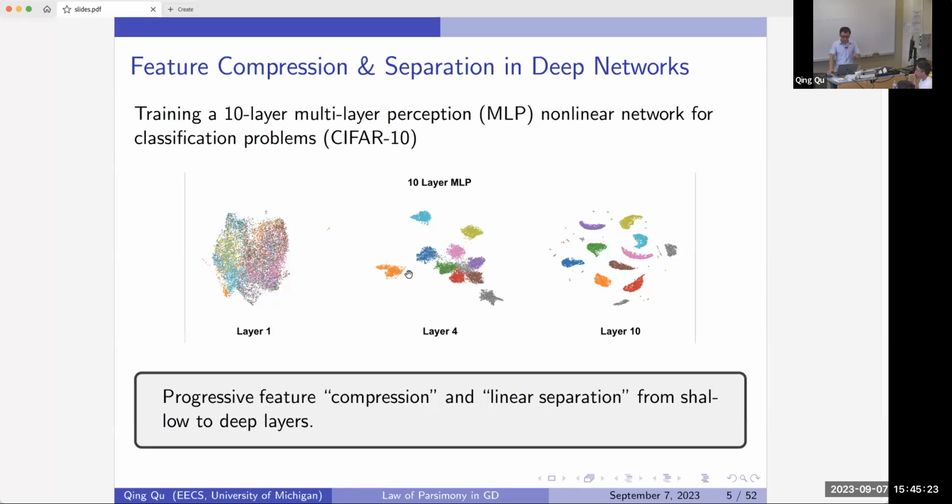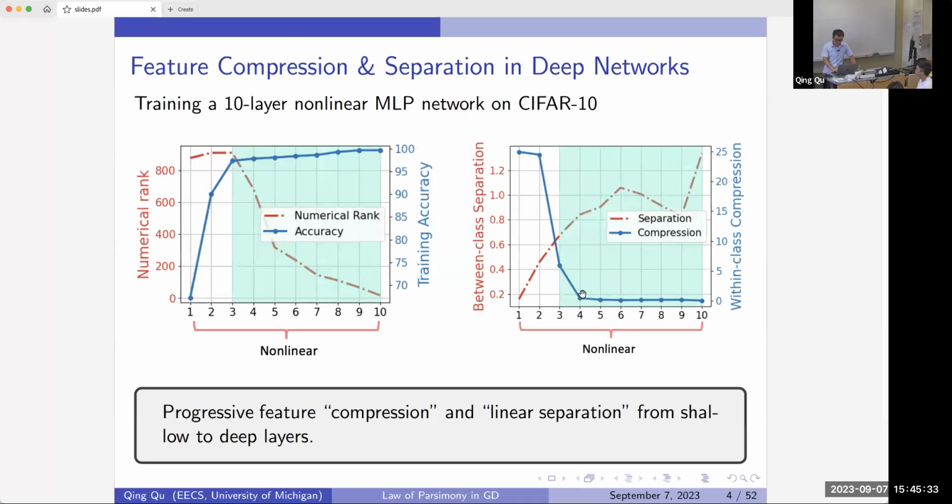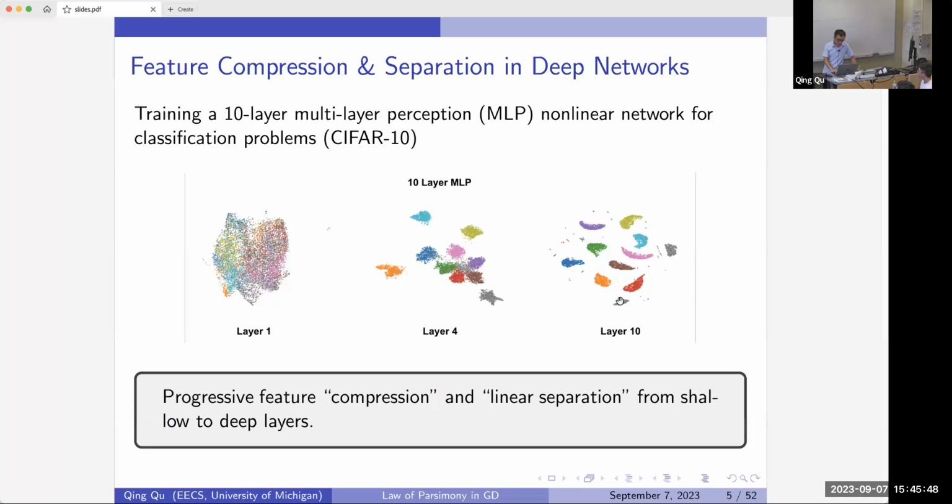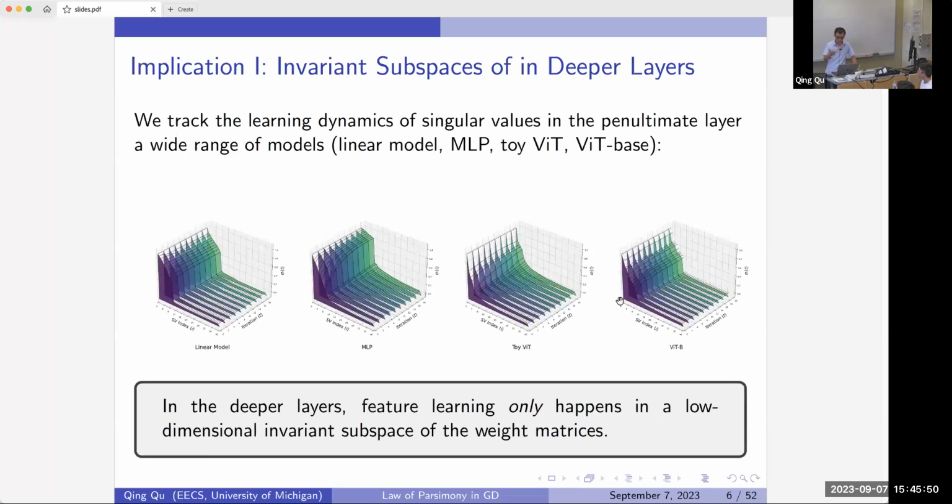So from this experiment, there are some further implications. One thing that you noticed is that in the deeper layers, the features are extremely compressed. So you may ask why the features are extremely compressed in the deeper layers. And we look at the training phenomenon of the nonlinear neural network, and you find something very interesting.